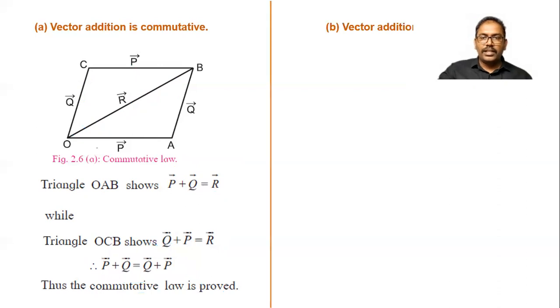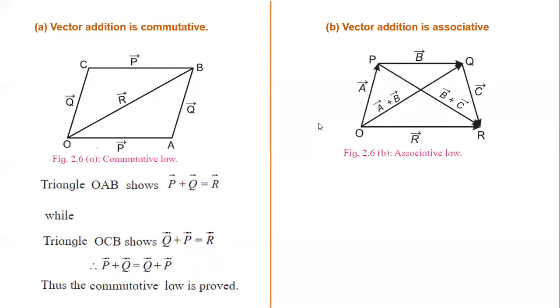Now after that, vector addition is associative. What is the associative law? For that, I draw a different diagram here. You can see this diagram. From triangle law, see this triangle OQR.